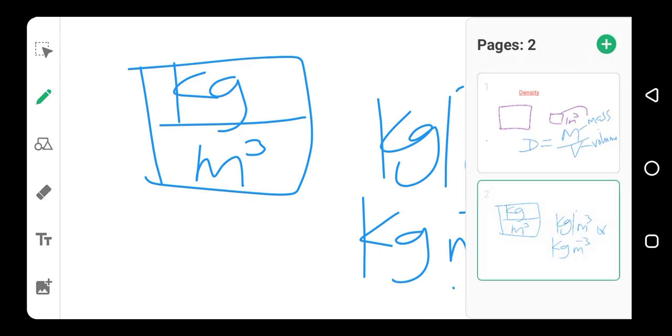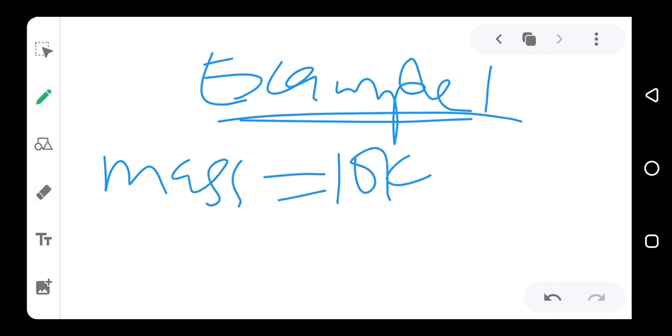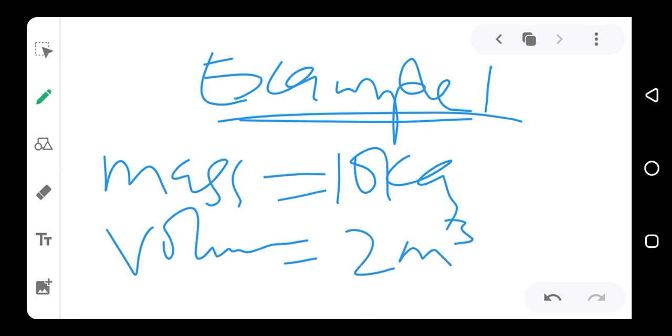For instance, example 1. If you are told that the mass of an object is 10 kilogram, and the volume of the object is 2 meter cube, and we are asked to calculate the density of this substance.